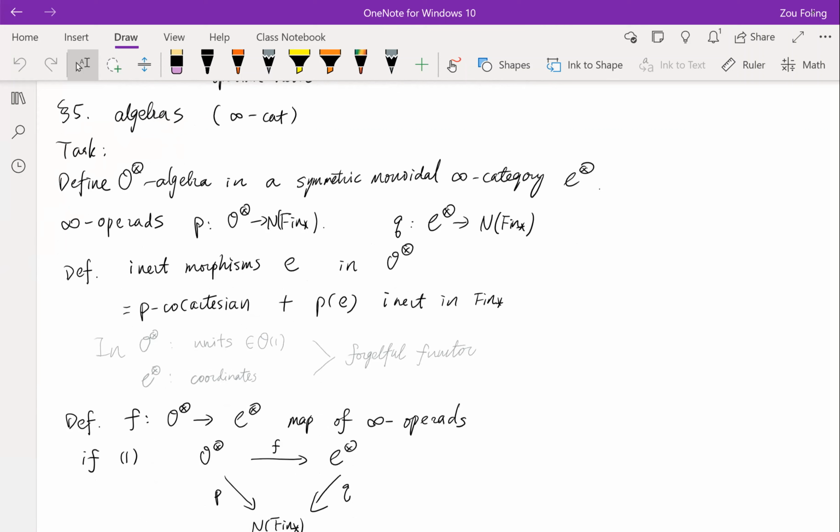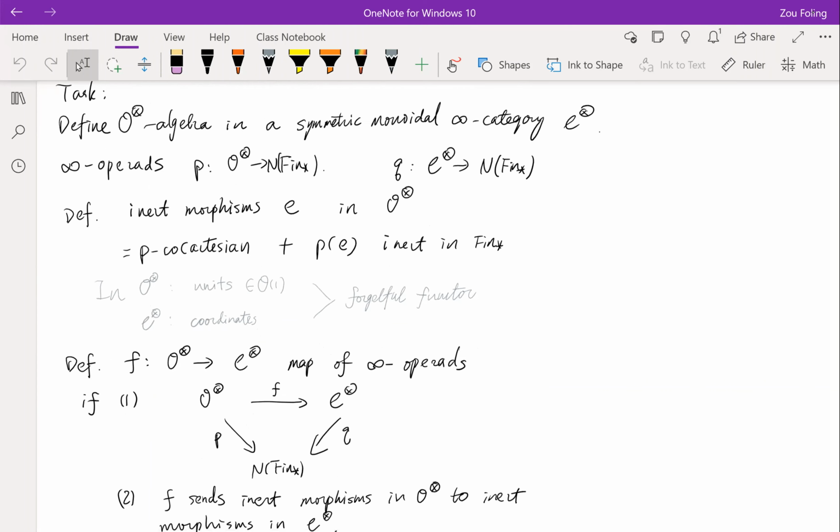So we are going to start with two infinity operads, P and Q. C⊗, being a symmetric monoidal infinity category, is a special case of an infinity operad. And for an infinity operad, we define inert morphisms to be those morphisms that are both P-coCartesian and map to inert morphisms in Fin_*.